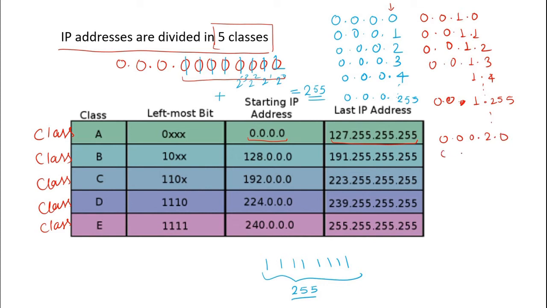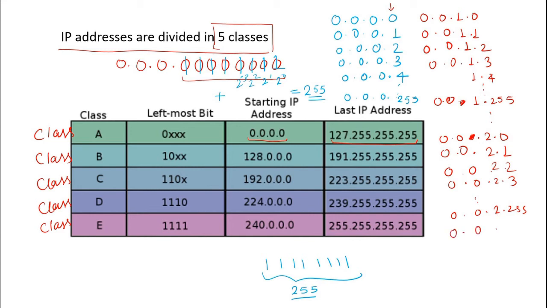What's next? Now it will go to 0.0.2.0, then 0.0.2.1, 0.0.2.2. You see that's how it will continue, 0.0.2.3, continuing up to 0.0.2.255. Now what will happen next? The third octet, 2, will be changed to 3.